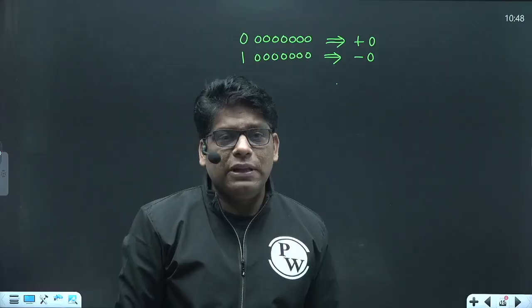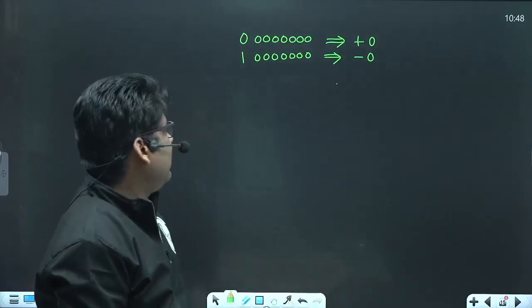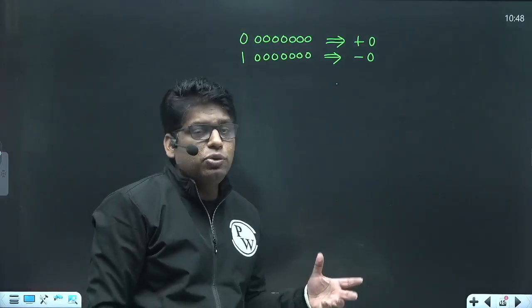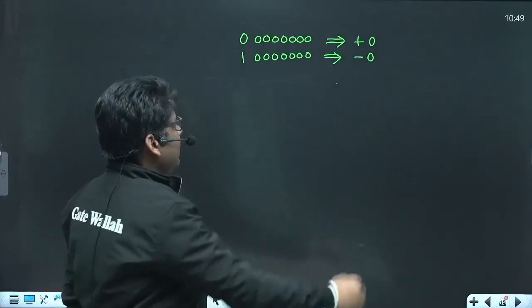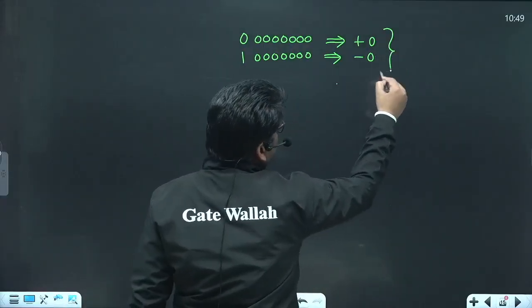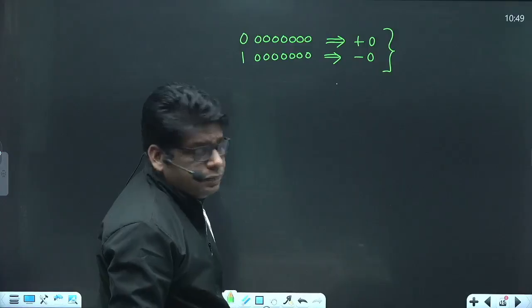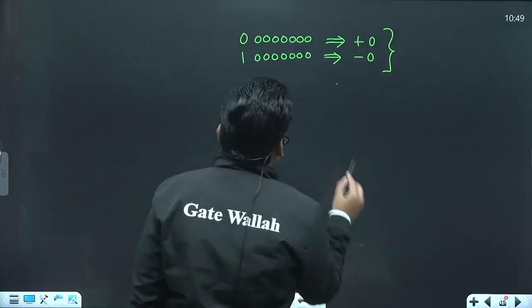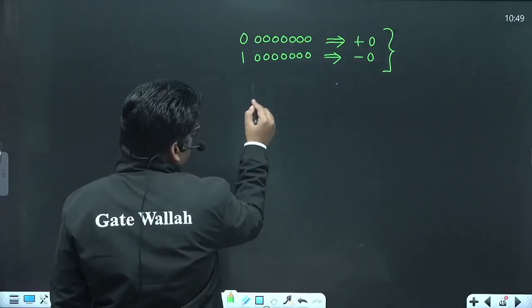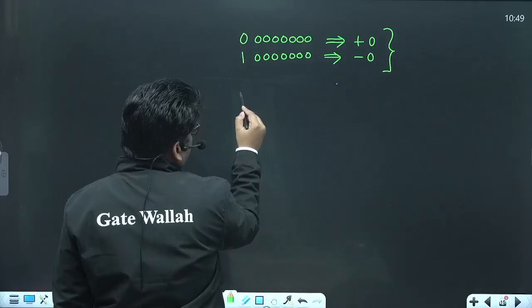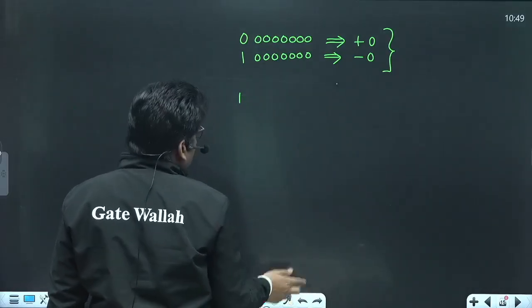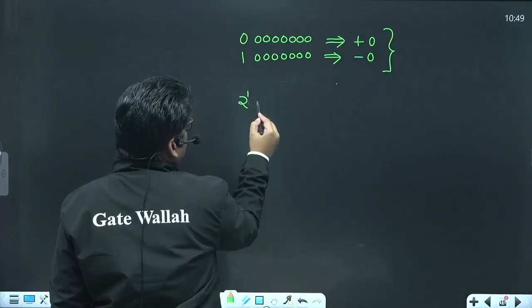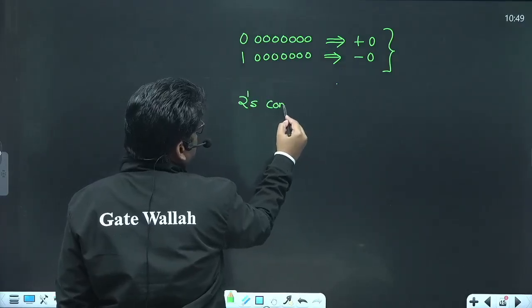That's why initially the idea was to use this, but this creates unnecessary confusion. So the second way is using the complementation method. There are two methods, one's complementation and two's complementation. But let me explain the two's complementation method.